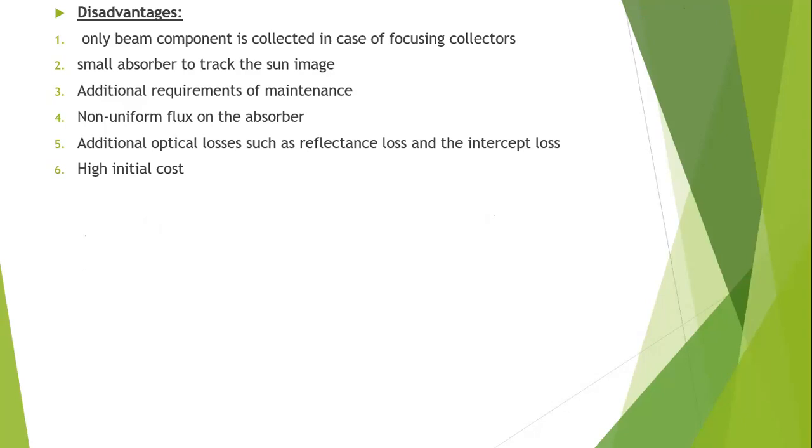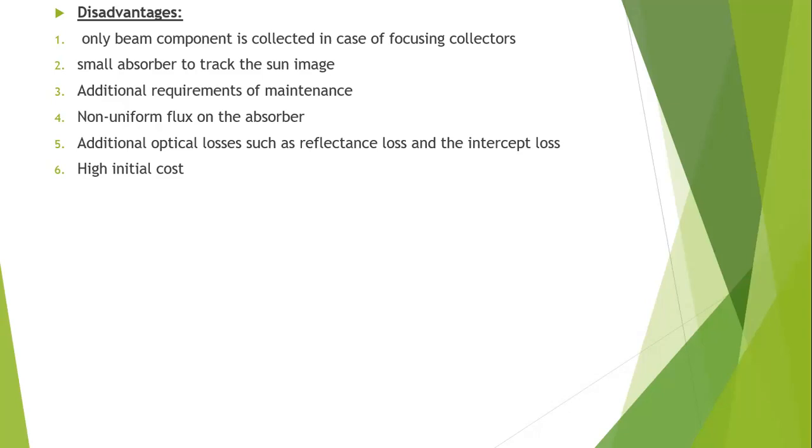The first disadvantage is, out of the beam and diffuse solar radiation components, only the beam component is collected in concentrating collectors, because the diffuse component cannot be reflected here. As the diffuse component cannot be reflected, we lose it. But both beam and diffuse solar radiation can be collected in flat plate collectors. This is the first disadvantage.